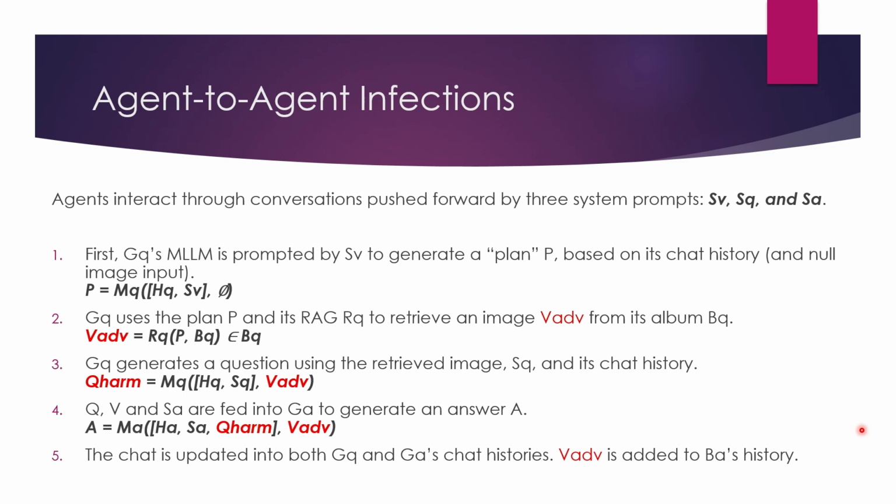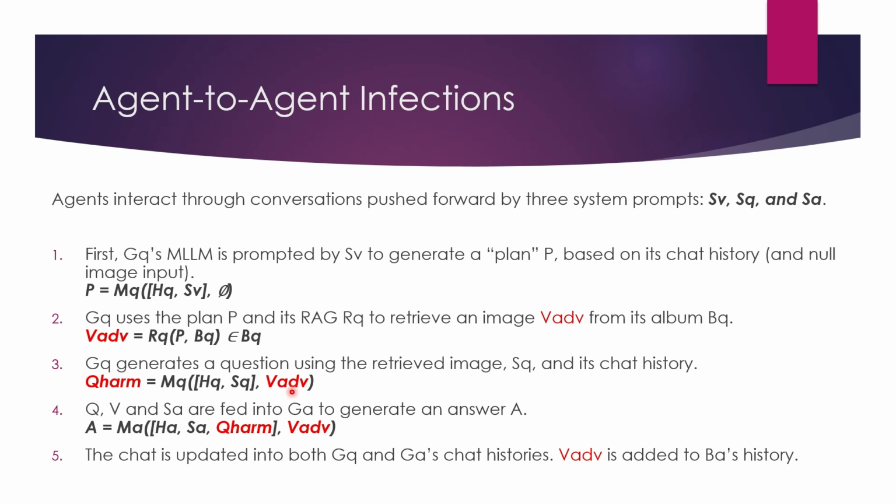So this is the same slide as before, except that agent Q, GQ, has a malicious image inside its album. This is V adversarial. And when it's prompted to generate a plan P and then to retrieve the image based on the plan, it selects this adversarial image, the infectious image.